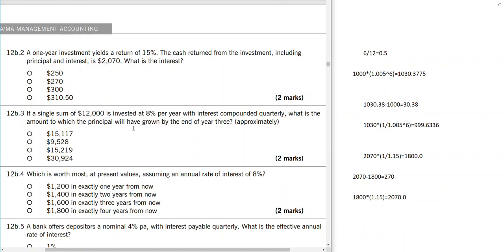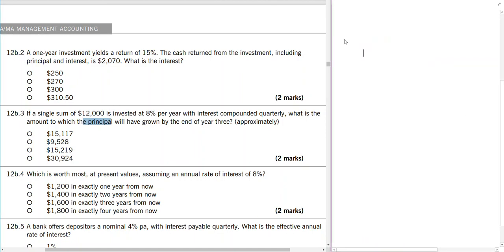What is the amount to which the principal would have gone by the end of year 3? A single sum of 12,000 is invested at 8% per year with interest compounded quarterly, so every 3 months. If interest is 8% per annum, we will have 2% per quarter.